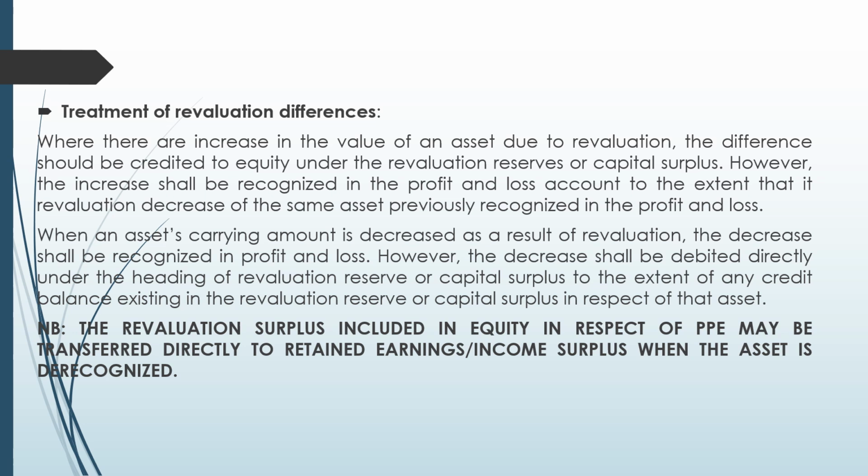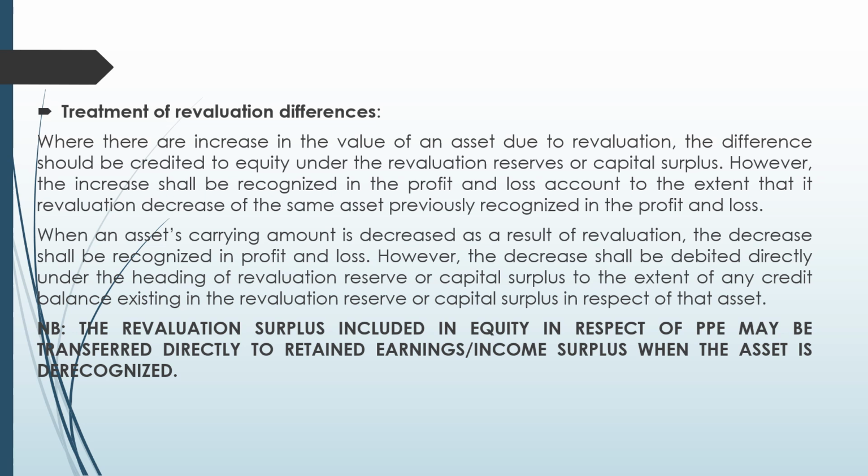However, the increase shall be recognized in the profit and loss account to the extent that it reverses a revaluation decrease of the same asset previously recognized in the profit and loss. So if you have previously revalued the asset and then you recognize a loss, normally we do not record losses in the revaluation reserves account.